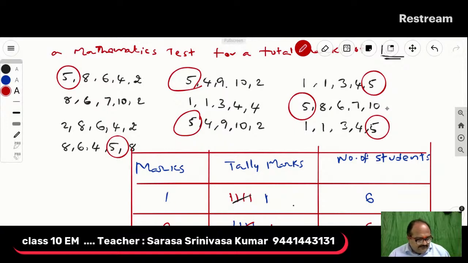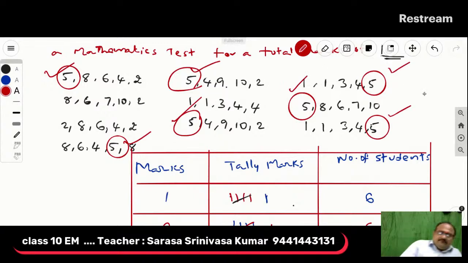So how many students got 5 marks? 1, 2, 3, 4, 5, 6, 7. 7 students got 5 marks.